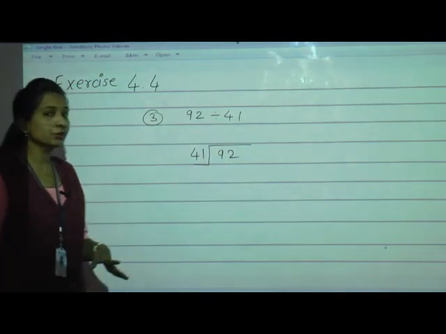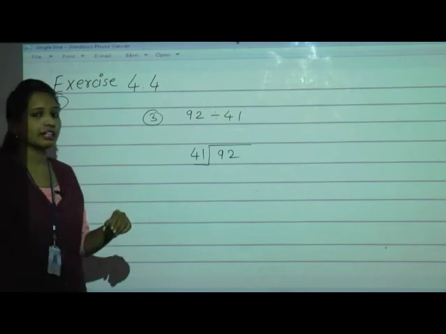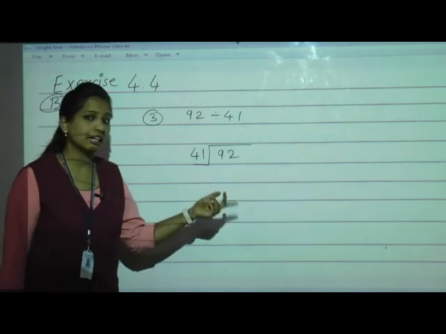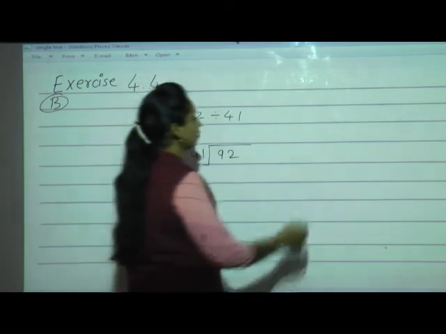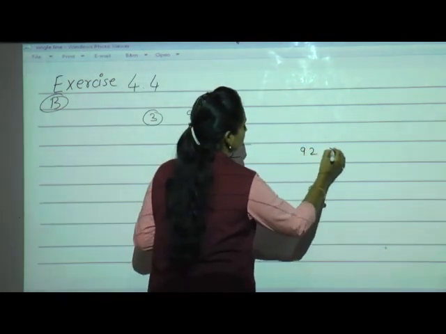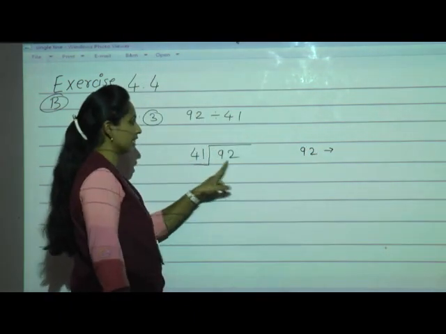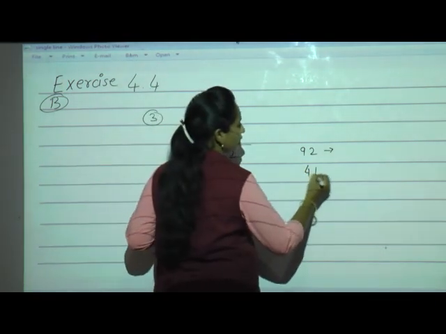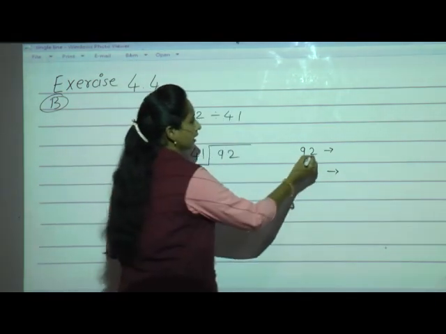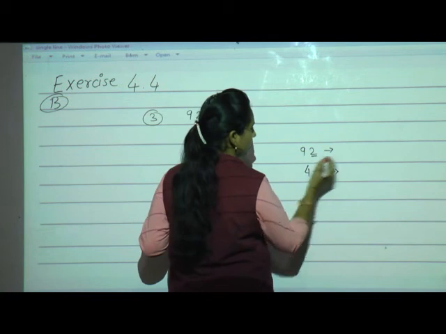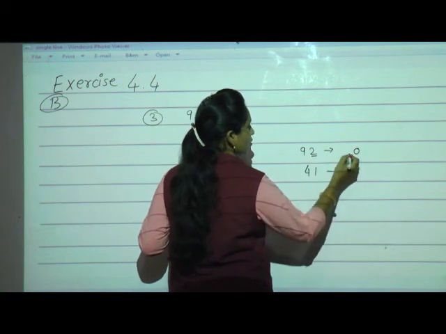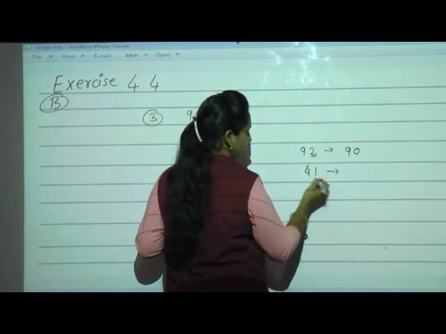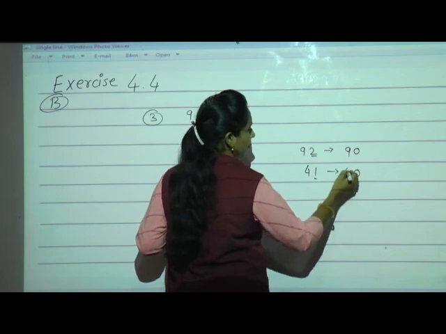Now what do we have to do? To find the exact quotient, go with the estimate quotient. First we need to estimate the given numbers 92 and 41. See, 92, underline the ones place, 2 is there, so place 0 without changing the tens place, again same.